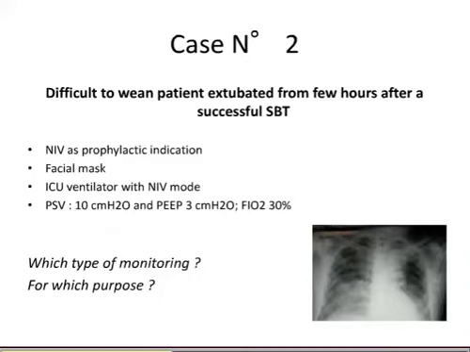Probably the question is a little bit different because there is no hypercapnia, there is no neurological impairment, the cardiovascular function is very well as the respiratory status, and maybe the question is more focused on the tolerance of NIV as a prophylactic technique and asynchrony. Did you have some recommendation different from the previous case for this specific patient?